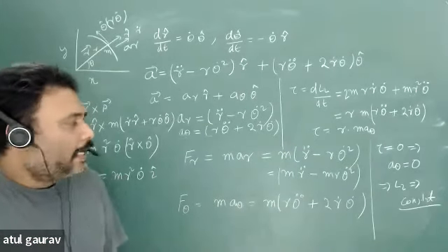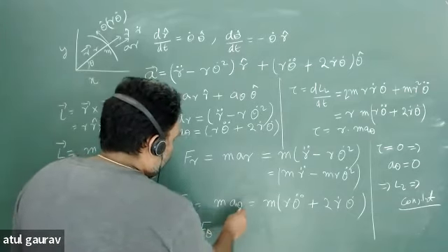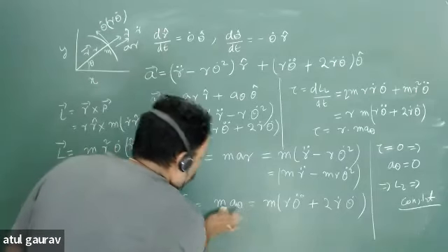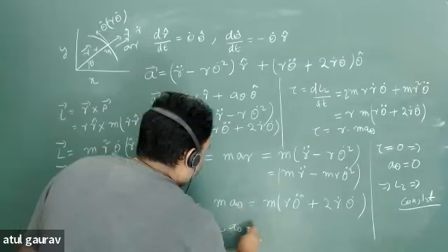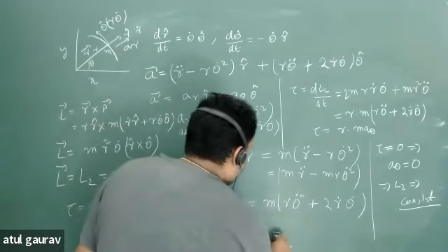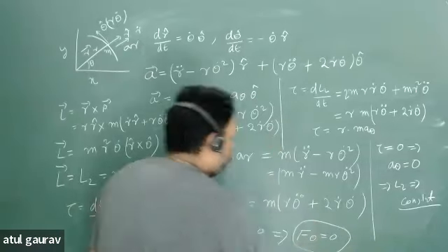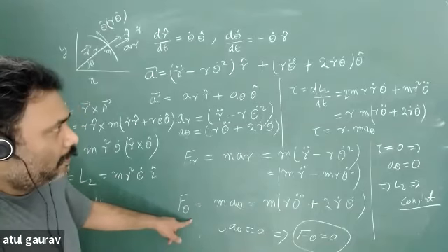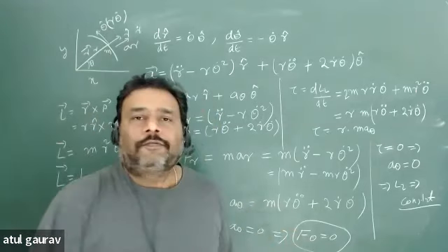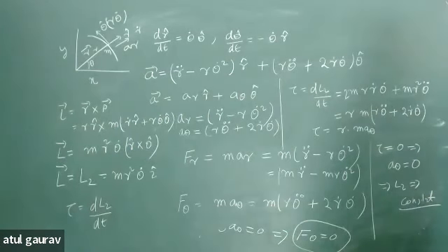And when A theta is equal to 0, this implies F theta is equal to 0, isn't it? And if this type of situation occurs, it is identified as central force.